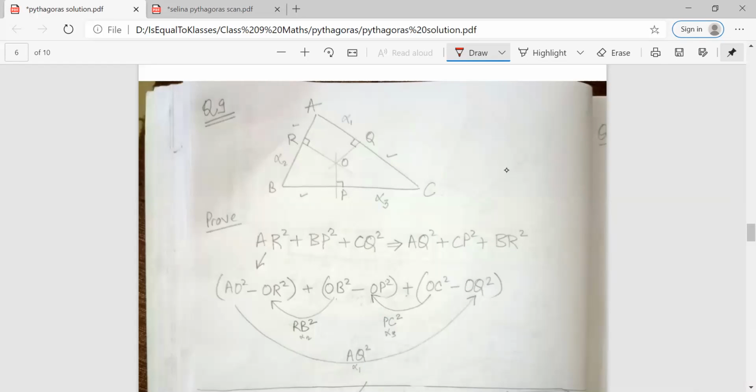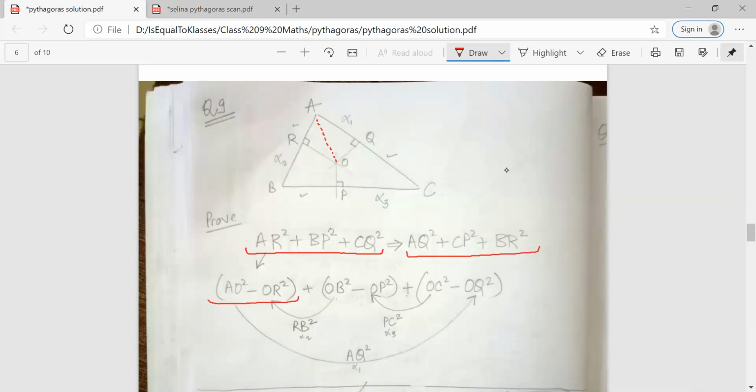So this is the figure that I have. Now I need to prove that LHS is equal to RHS. So I write AR square as AO square minus OR square. Any doubt? No, sir.